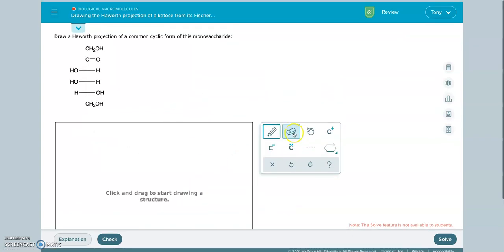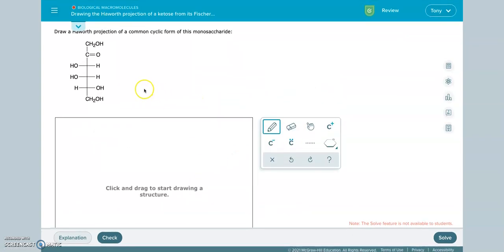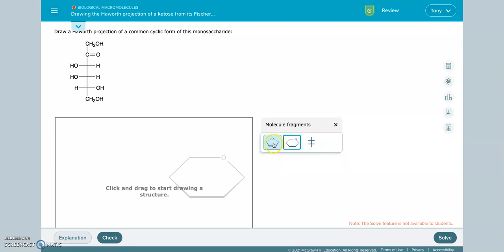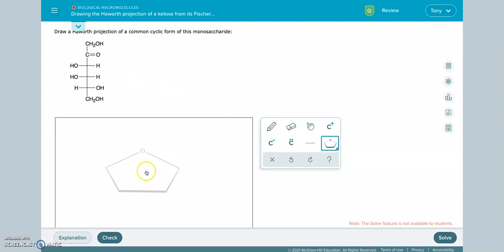The first thing that I always do is count the number of carbons in our Fisher projection to make sure that we're using the right tool, the right molecule fragment. The way to count this is from this carbon right here, I count 1, 2, 3, 4 carbons to get to this C double bond O. And that means I'm going to have a 5-membered ring.